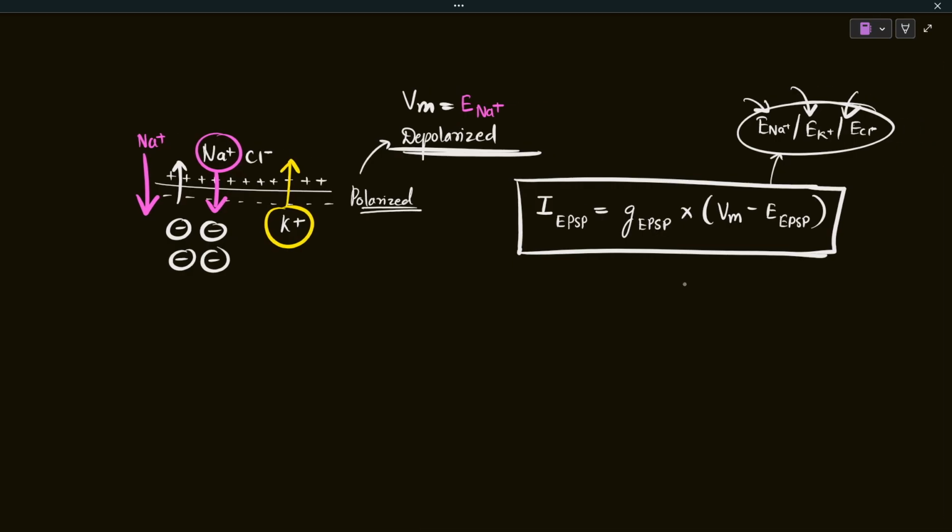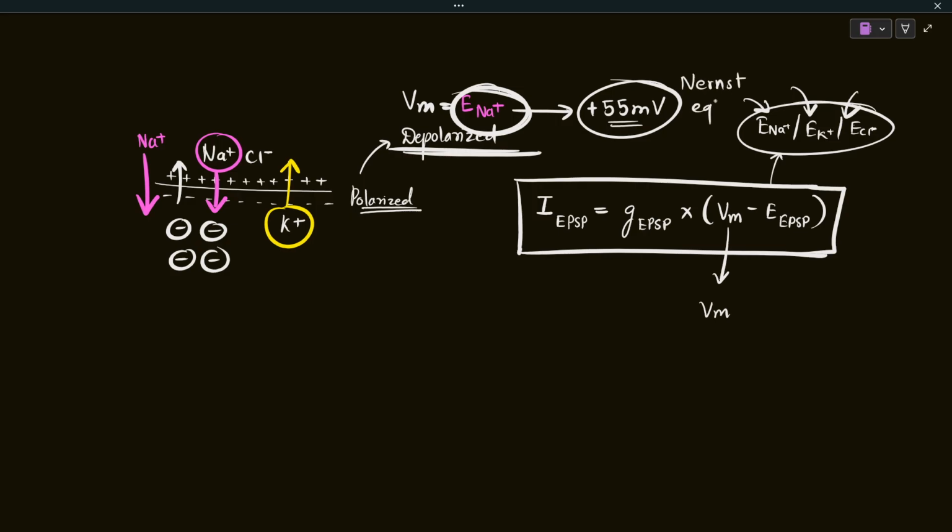The membrane potential should get equal to the equilibrium potential of sodium ions, which in this case is plus 55 millivolts. The equilibrium potential for sodium ions is plus 55 millivolts. This value is derived by the Nernst equation.